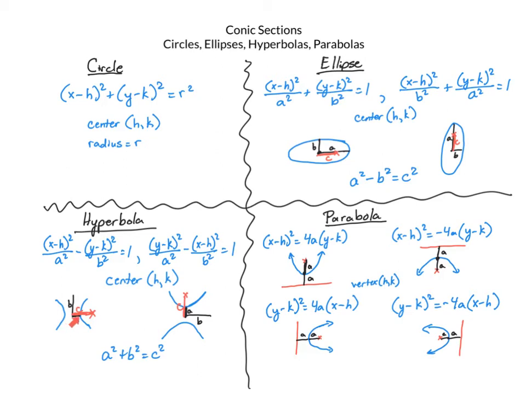Center to vertex is a. It doesn't matter whether the hyperbola opens right and left, as in this case, or opens up and down in this case. Similarly, over here on the ellipse, the distance from center to the vertex was a here, and it was a here as well.